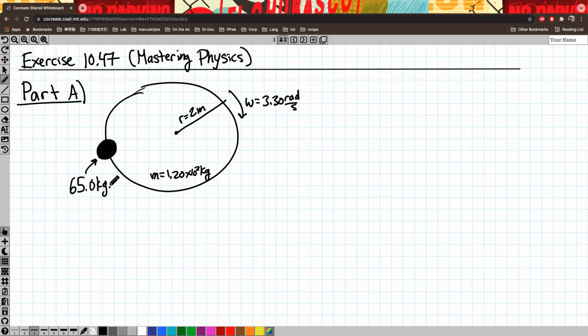Okay, so find the angular speed of the turntable after the landing of the parachutist. Assume that the parachutist doesn't have any radius or size. All right.